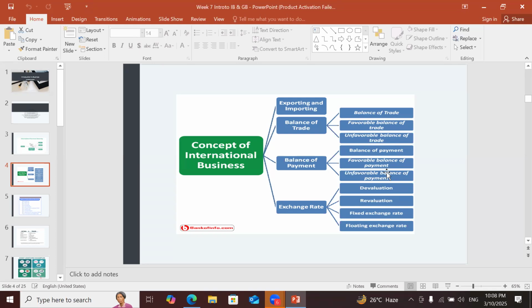This payment is by dollar, by taka, by baht and respective currency. Actually, the base currency is the dollar because the dollar is the international standard.